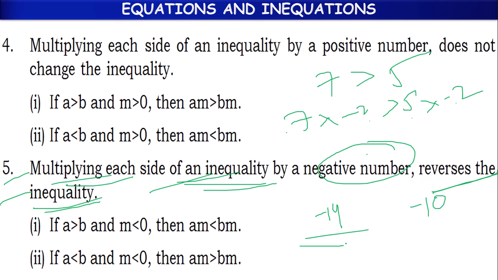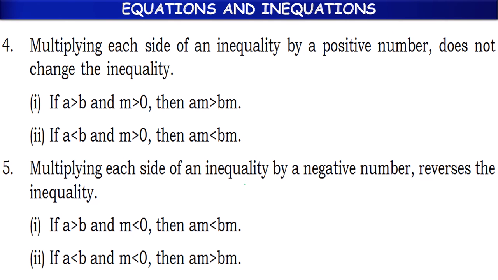Among negative numbers, the one whose magnitude is more has less value. So minus 14 is less than minus 10. In the beginning the inequality had a greater than sign. While multiplying with a negative number, it became less than. It means whenever we multiply the inequality on both sides by a negative number, it reverses the inequality.